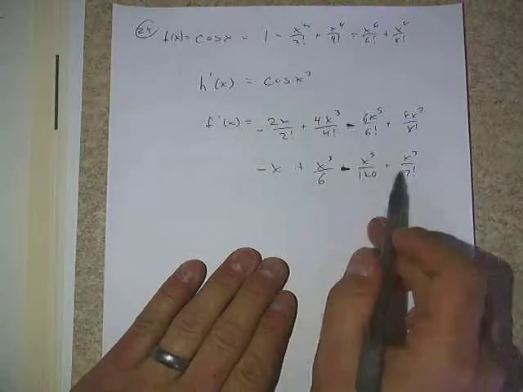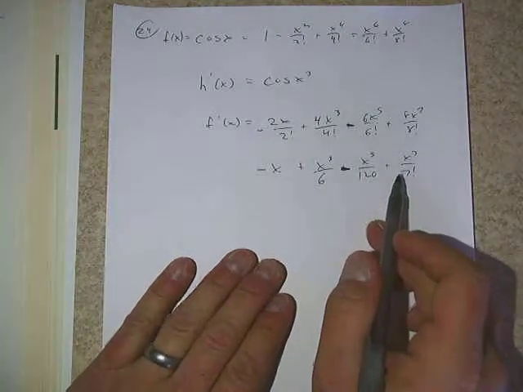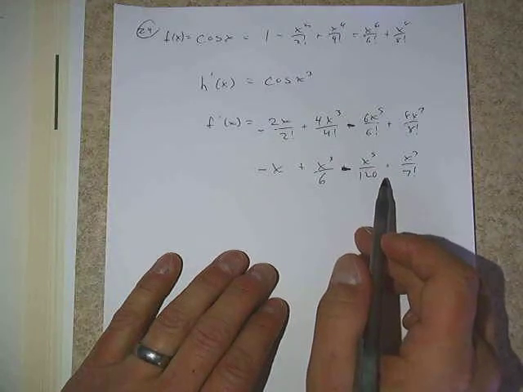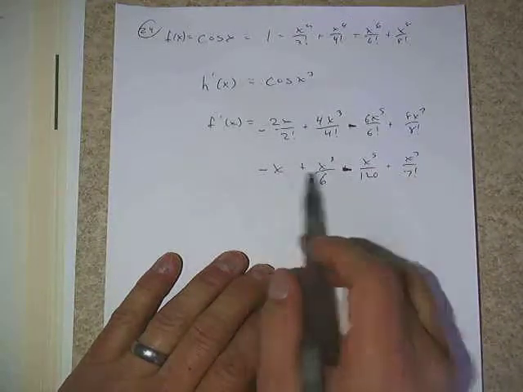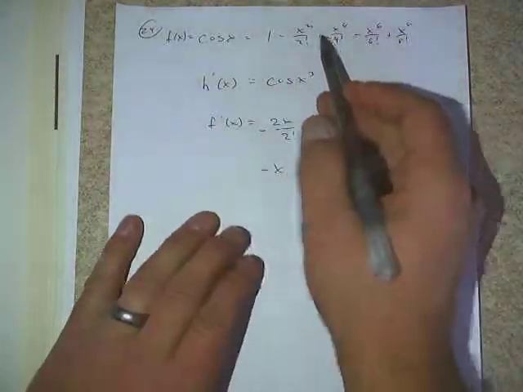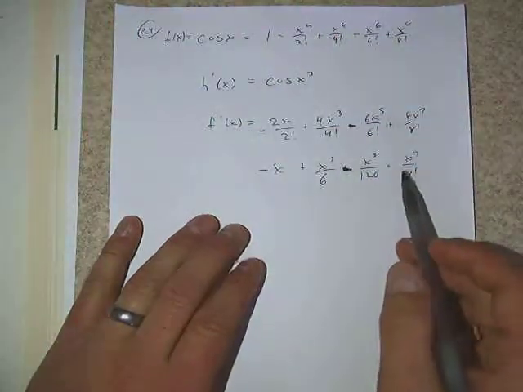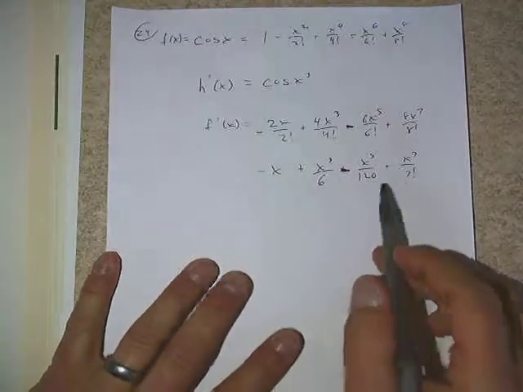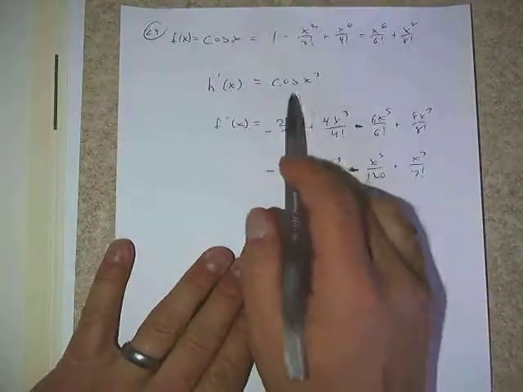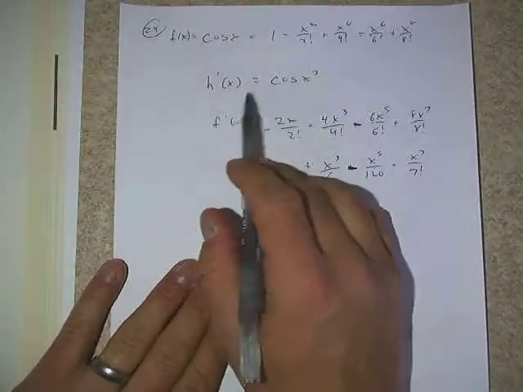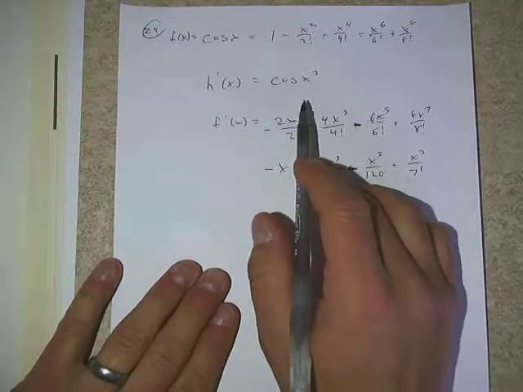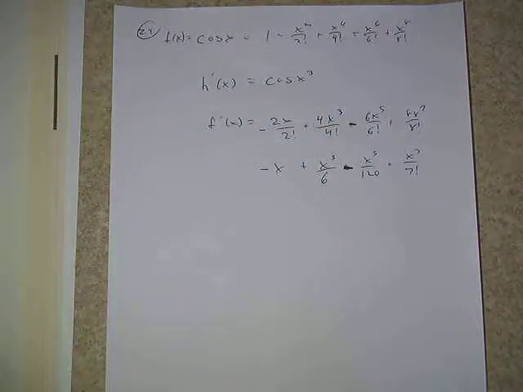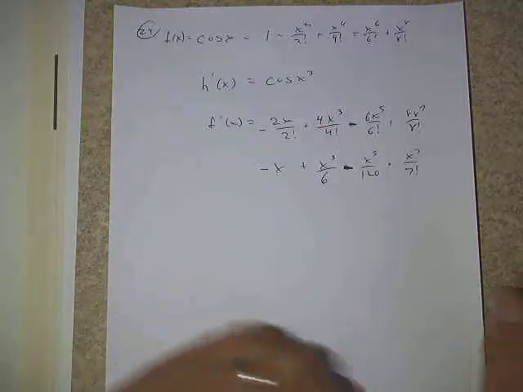The question is, how does that factor into the h prime function, cosine of x cubed? What this really represents is negative sine, doesn't it? Because the derivative of cosine is negative sine. So that really isn't so much related to this.